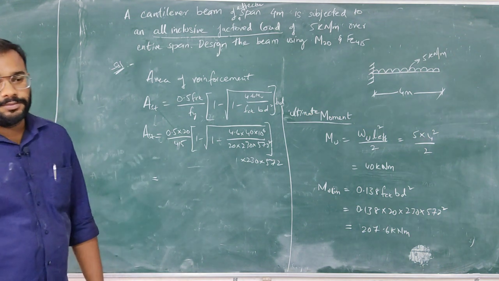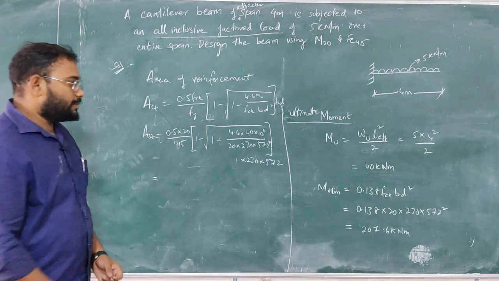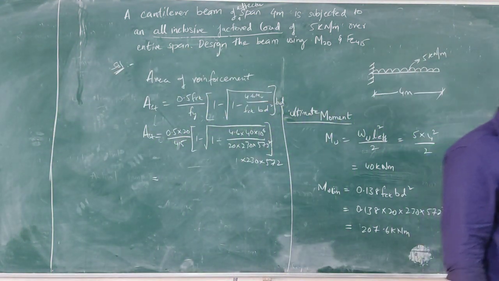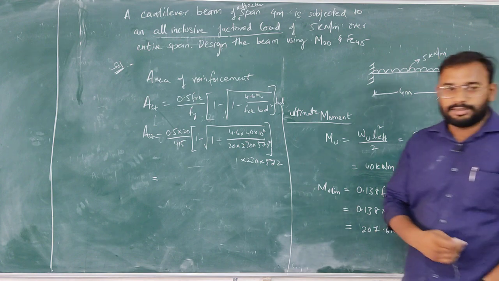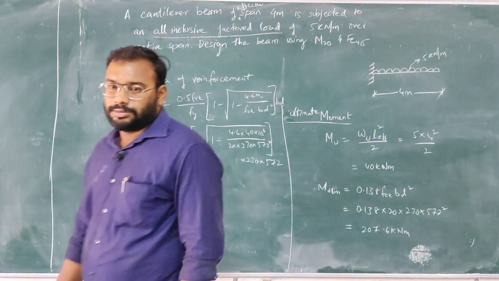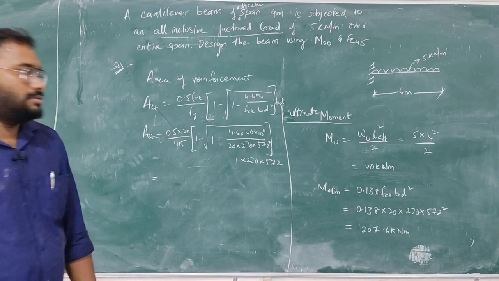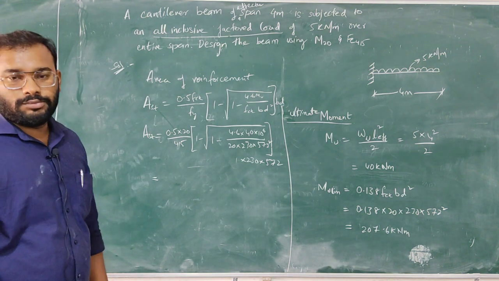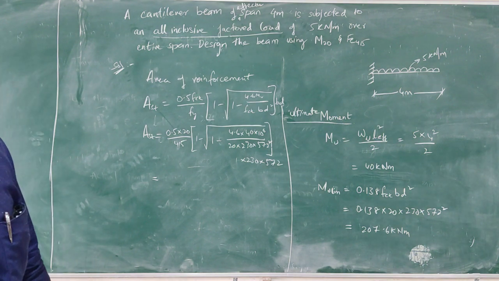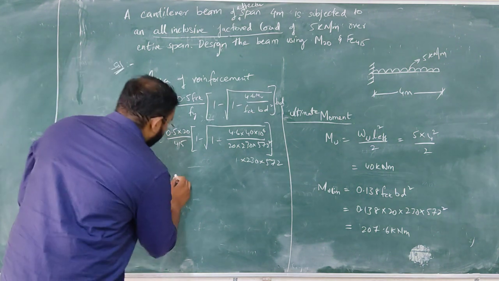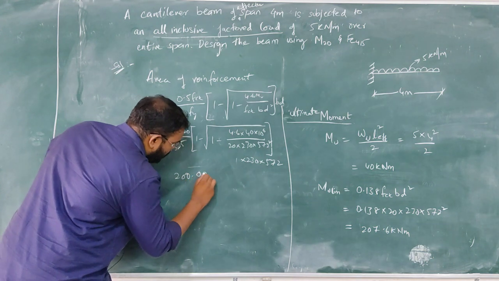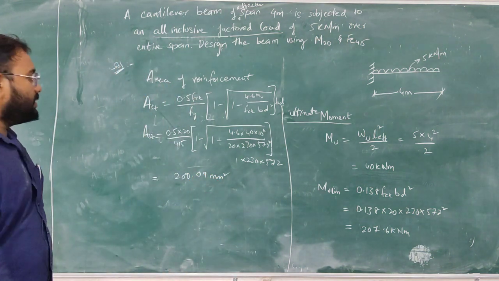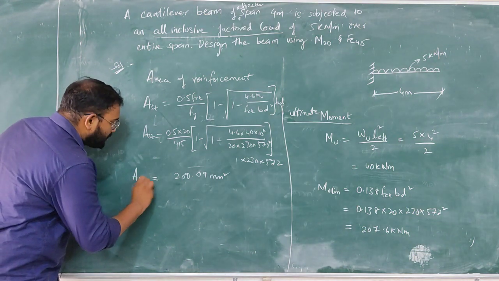The answer is 200.09 mm square. Now this much area of tensile reinforcement is required.